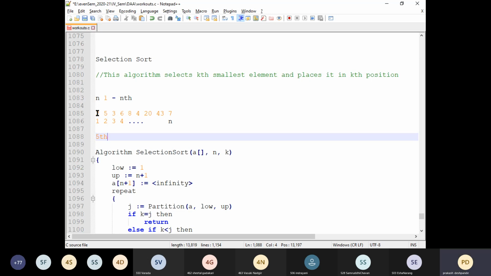Now you may ask, since you said that this particular algorithm doesn't sort the elements completely, where can it be used? Think of an application such as thousands of students who have appeared for a certain examination. From the marks, if you want to know at a particular position who is the student or what are the marks obtained at that position.